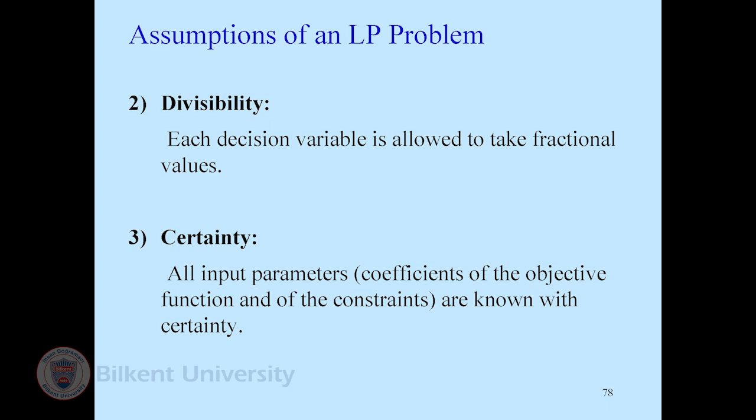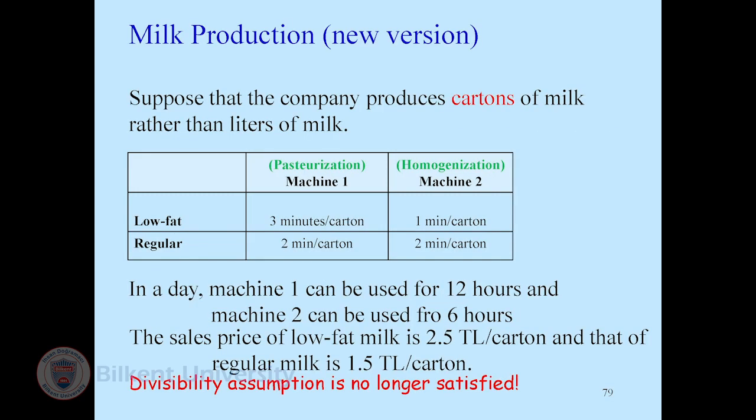I know what I'm going to get if I sell my low fat and regular, the 2.5s, 1.5s, all right? Those parameters give us the case. All input parameters are known with certainty. In this case, we have a linear program. Okay. Any questions on the basics?